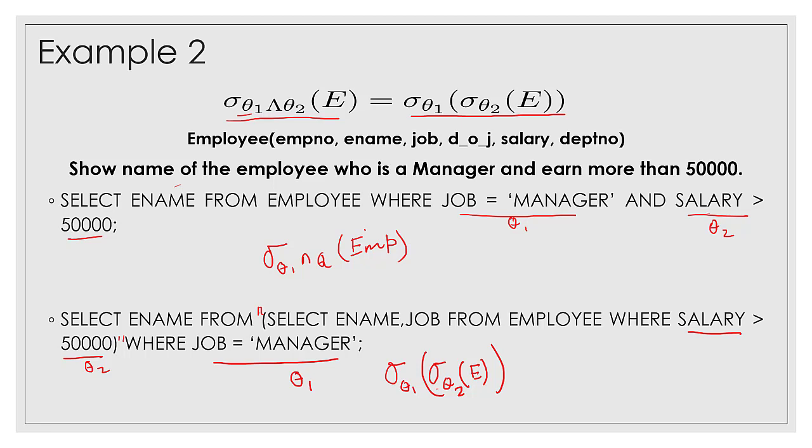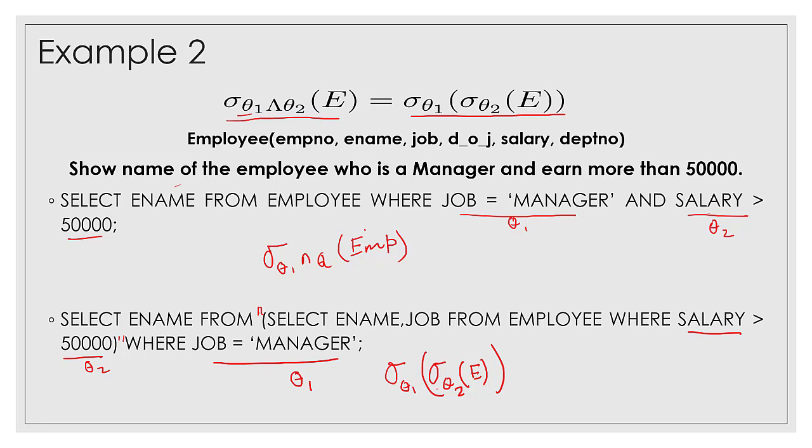So the programmer need not worry about how to write the optimal query. Now, as I have already told you, there are 12 equivalence expressions available, and the query optimizer will convert a query into its equivalent expression to reduce the cost of the query.